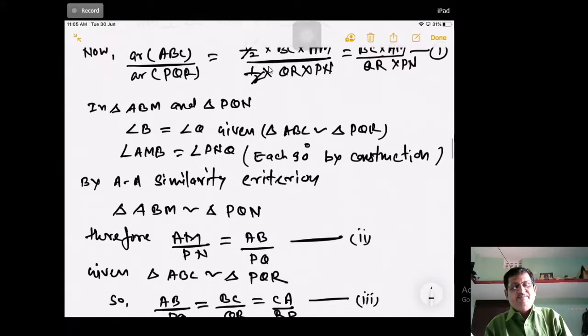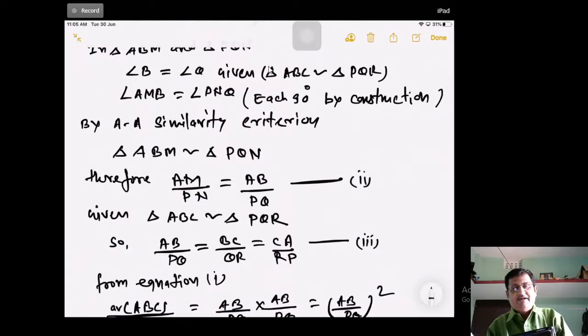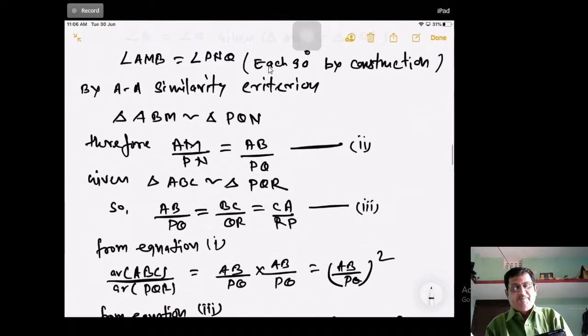By AA similarity criterion, triangle ABM is similar to triangle PQN. Therefore, AM by PN is equal to AB by PQ. Given triangle ABC is similar to triangle PQR, so AB by PQ is equal to BC by QR is equal to CA by RP.